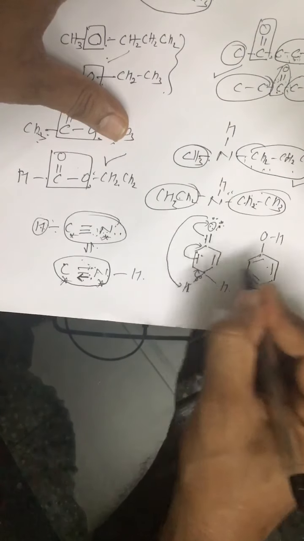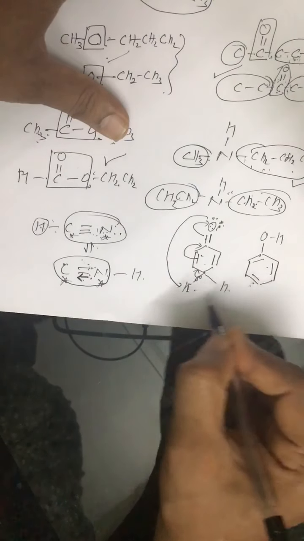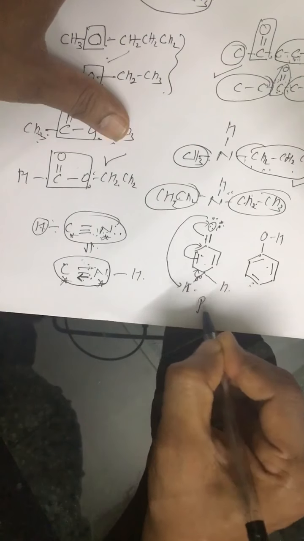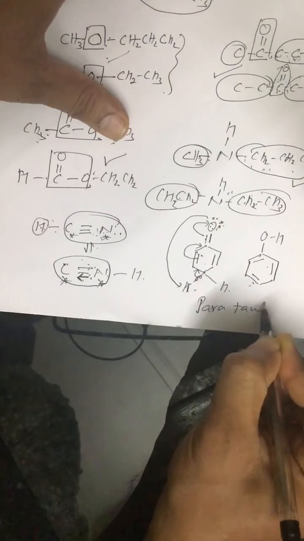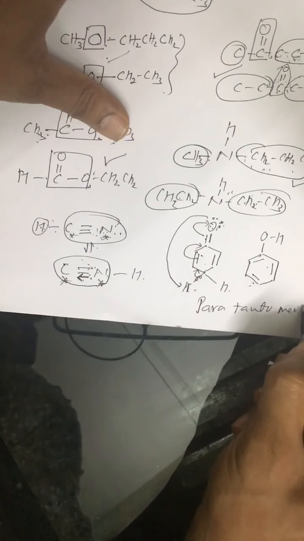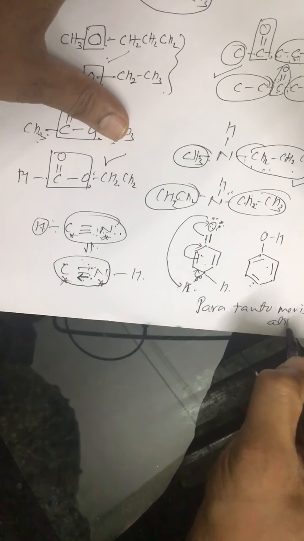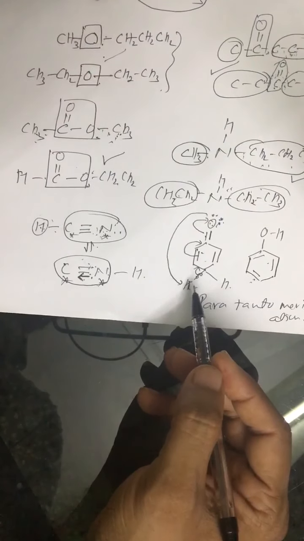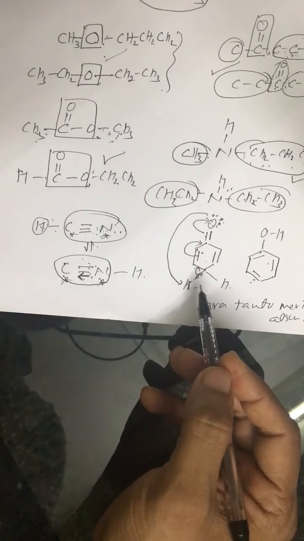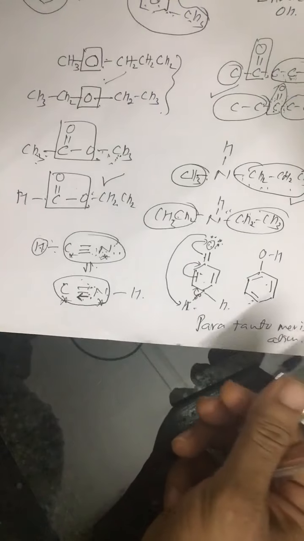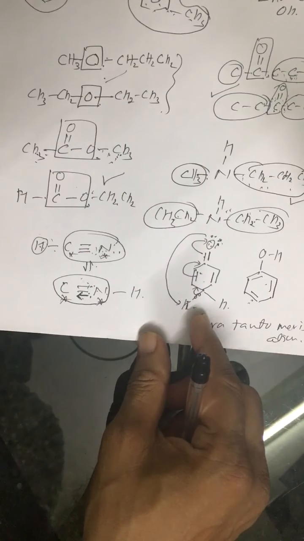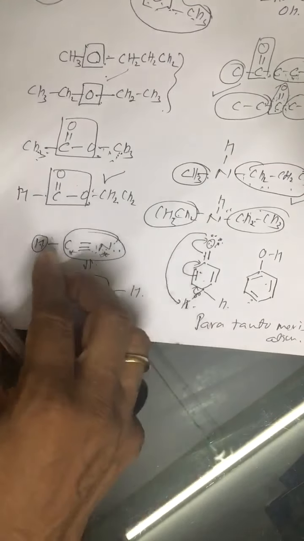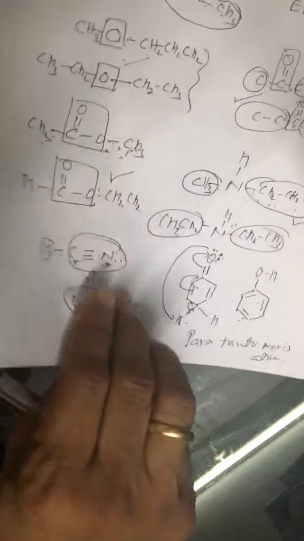This is keto-enol isomerism, and this is called para-tautomerization. This is again very important. Tautomerization is mainly due to shifting of hydrogen.